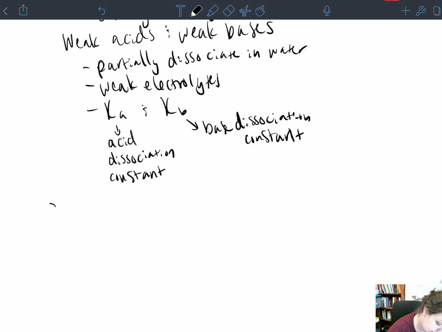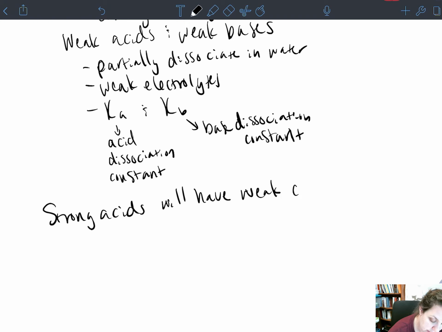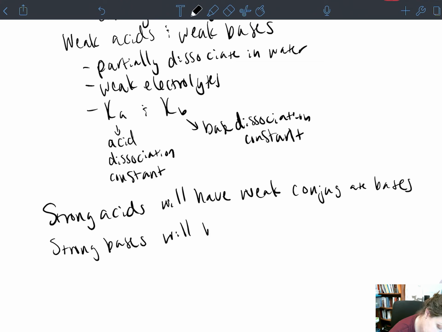Strong acids will have weak conjugate bases. Strong bases will have weak conjugate acids.